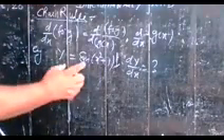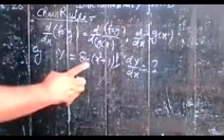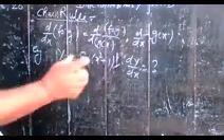Just see that the function sine of x square plus 1 is a composition of functions. One function is sine x, and the other function, the value of g x, is x square plus 1.